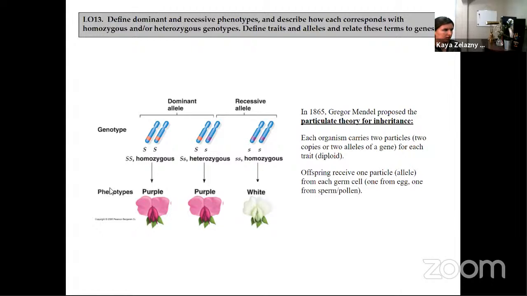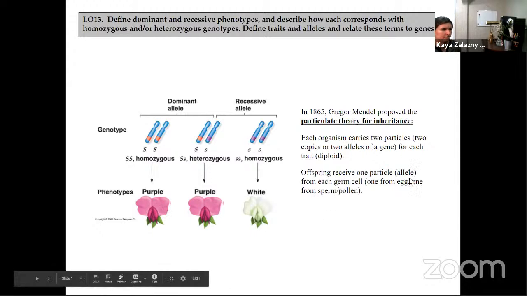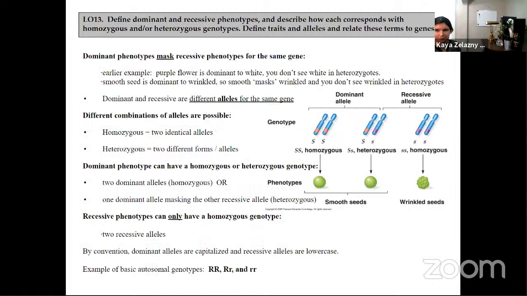When we're talking about a genotype, we're talking about the alleles present in that homologous pair, so that combination. When we're talking about a phenotype, we're talking about the trait that actually gets expressed, that you actually see in real life if you try to observe the trait.